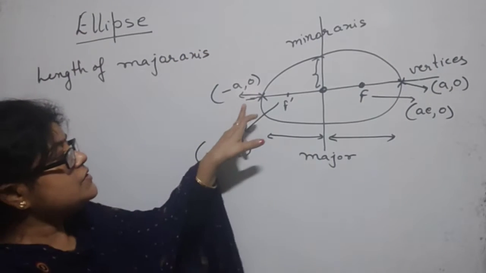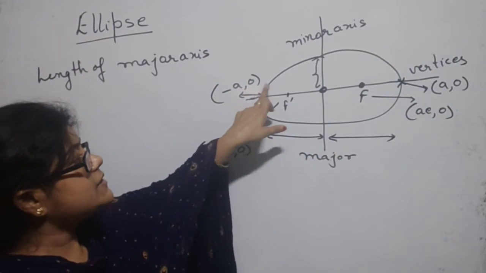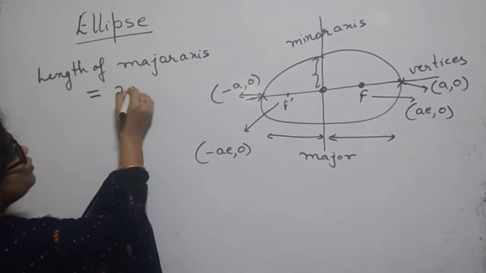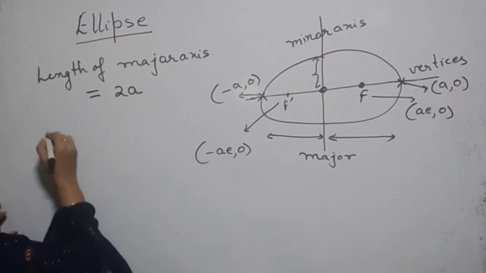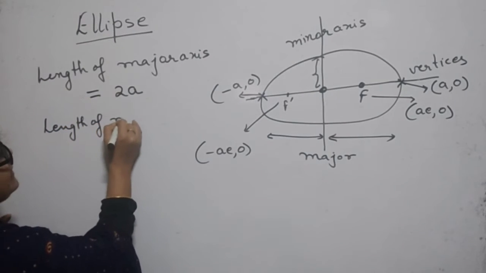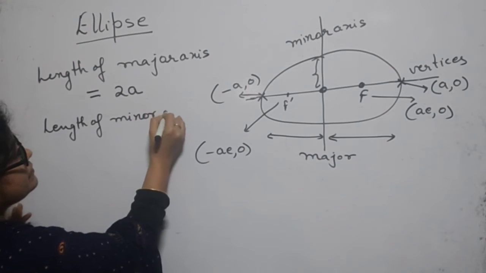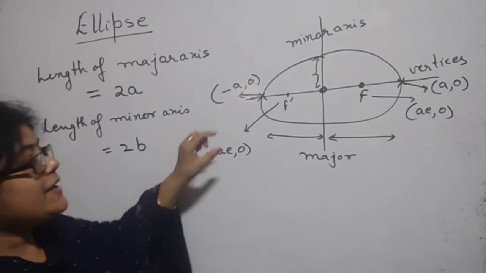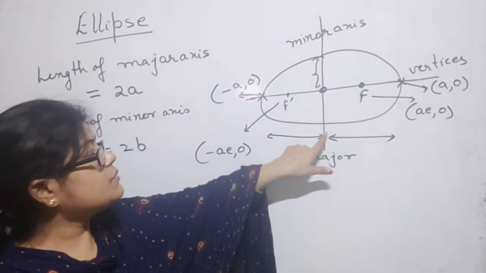When we use the distance formula for the two coordinates (-a, 0) and (a, 0), we get the length of the major axis, which is 2a. Second one, the length of the minor axis, it is 2b. What is the minor axis? This one and this one.